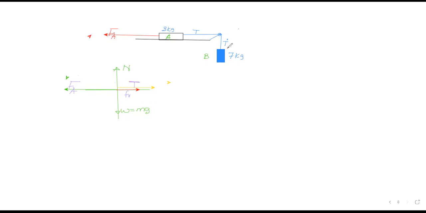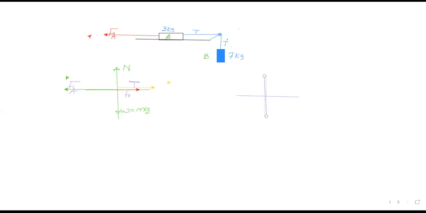That's what we have. Let's look at body B there. Body B will have these forces acting on it.